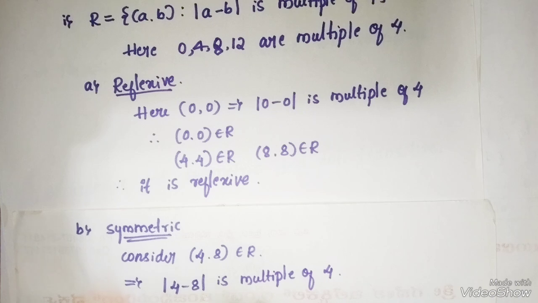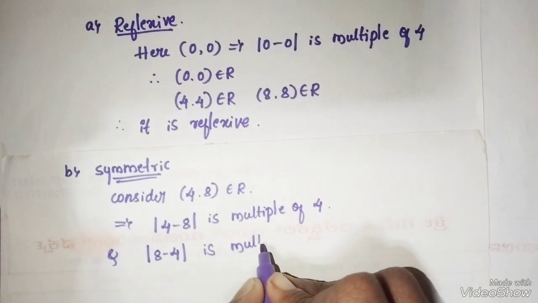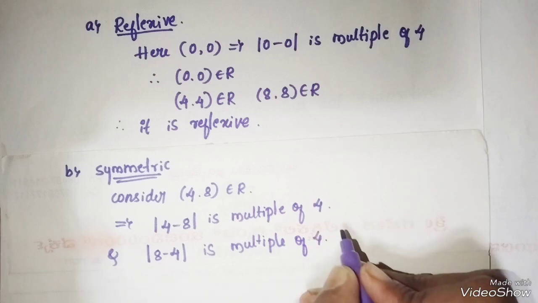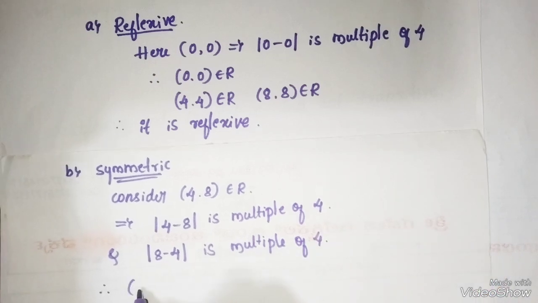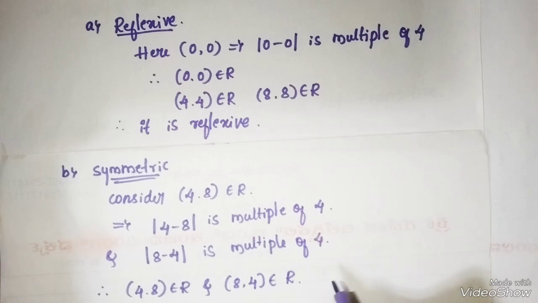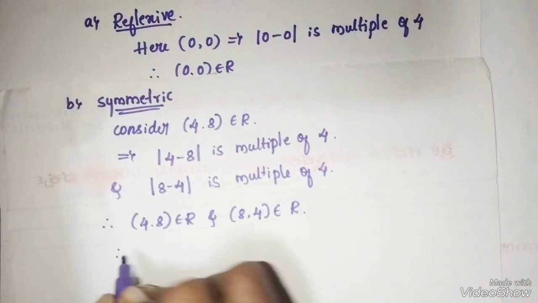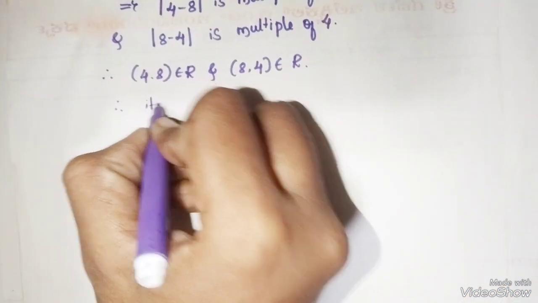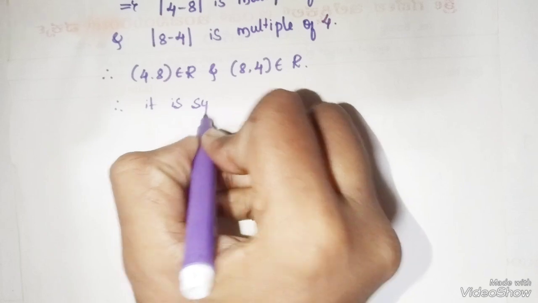Again, 8 minus 4 is also a multiple of 4. Therefore, for every (4, 8) belonging to R, (8, 4) also belongs to R. Therefore, it satisfies the symmetric condition.